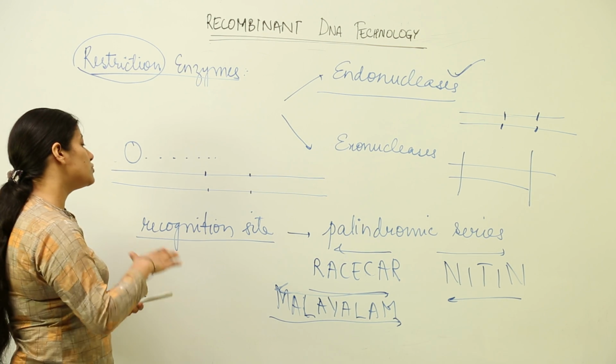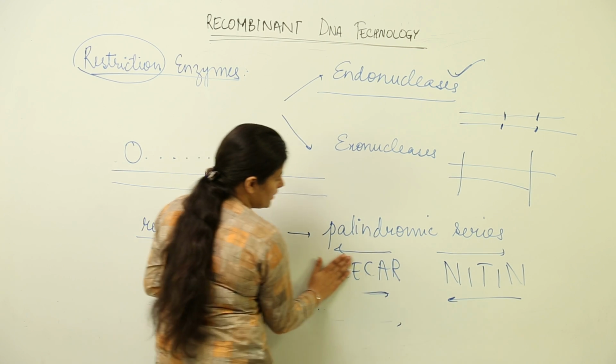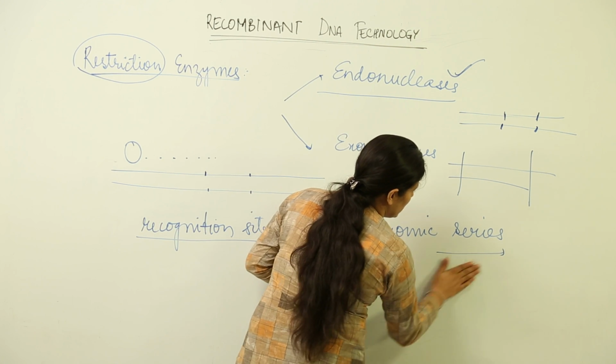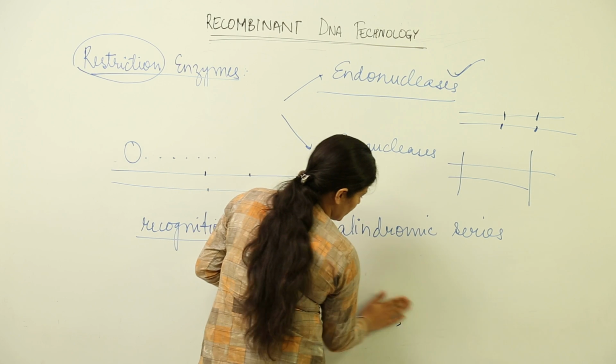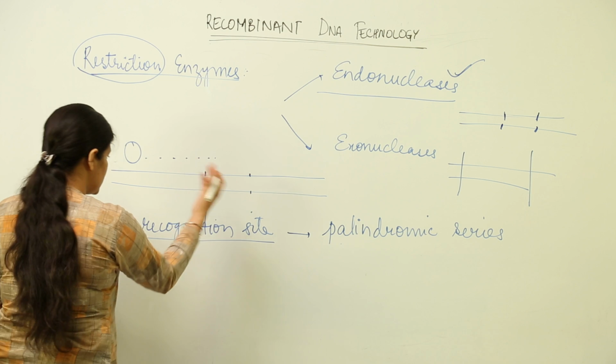When I say palindromic series, because we are dealing with DNA over here, palindromic series will be such an arrangement of DNA strand in such a way.